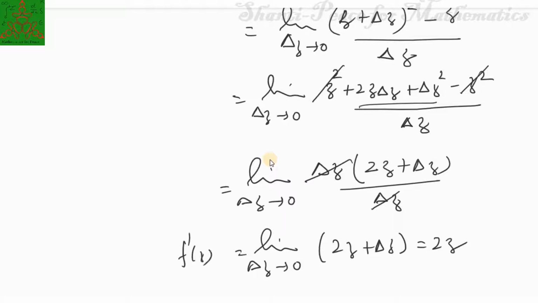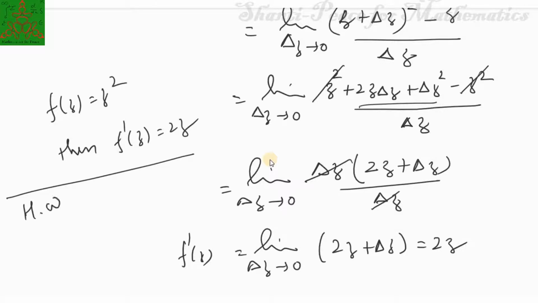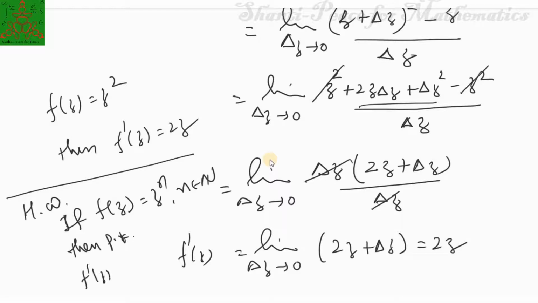What we have proved here is that if f of z is z square, then f dash of z is 2z. I am giving you as homework: if f of z is z power n, n belongs to N, then prove that f dash of z is n into z raised to n minus 1. So try to do this by yourself.